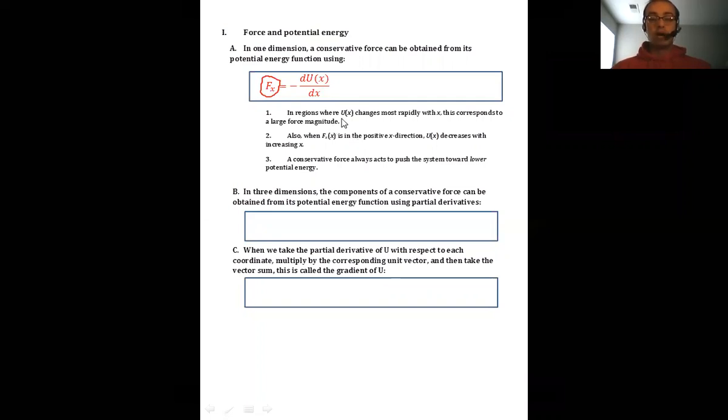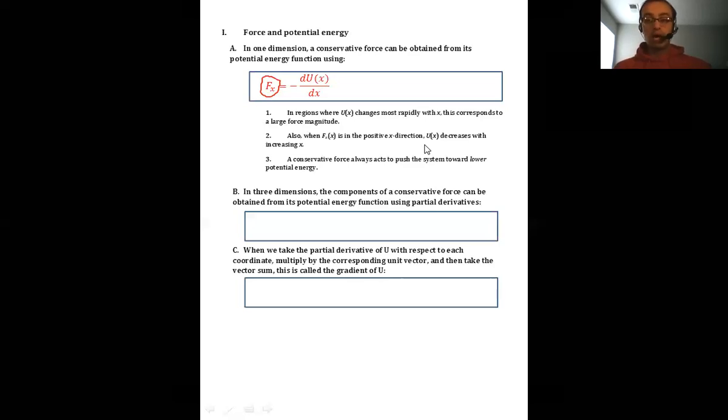In regions where the potential energy function, U(x), changes most rapidly with x, this corresponds to a larger force magnitude. The sign here is also important. When force is in a positive direction, the potential energy is decreasing. This is basically a way of saying that the potential energy is being converted into positive work.